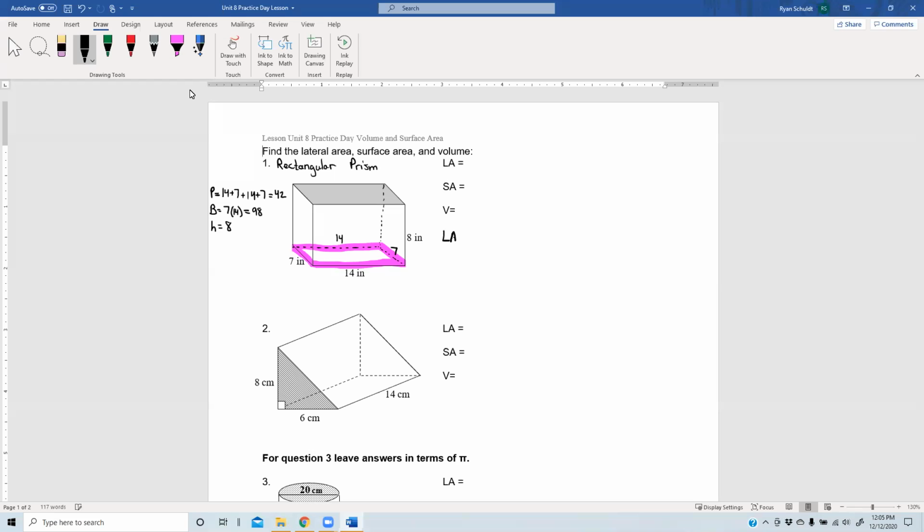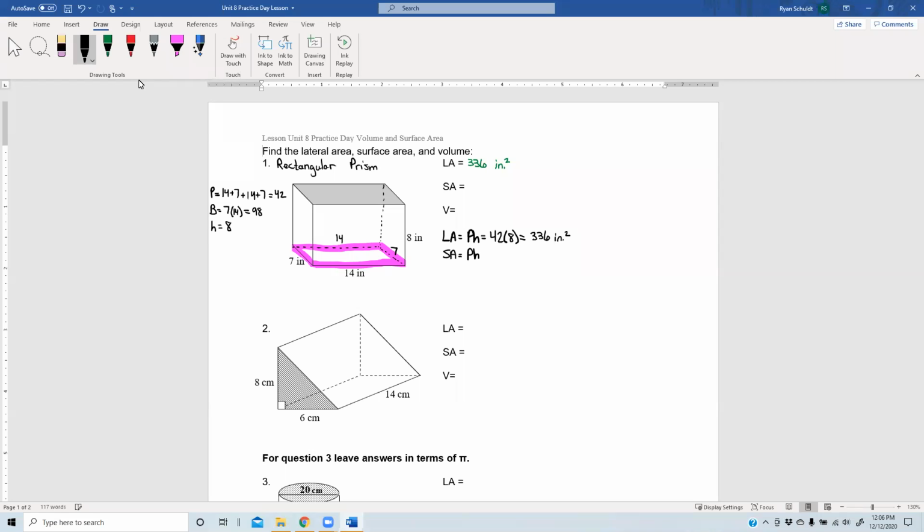Let's see, lateral surface area. Our formula here is pH. So perimeter is 42, height is 8. So we'll say 42 times 8, which is 336 inches squared. That's what we'll write up here. Now we need total surface area.